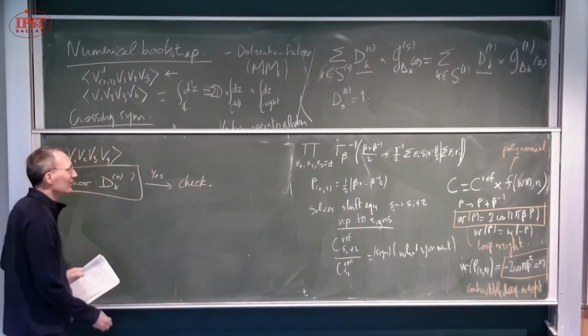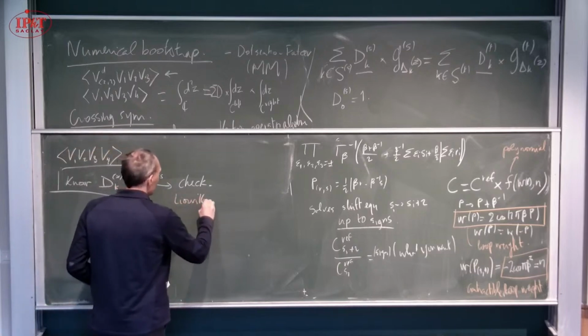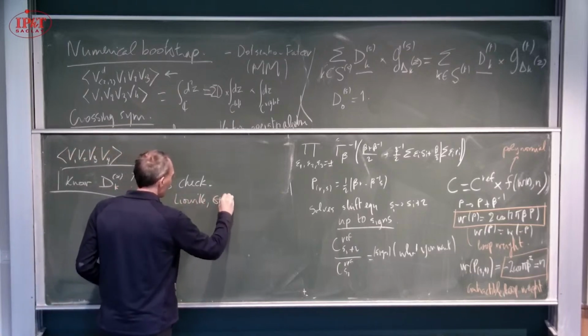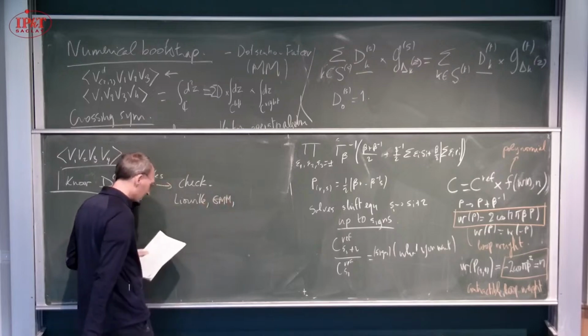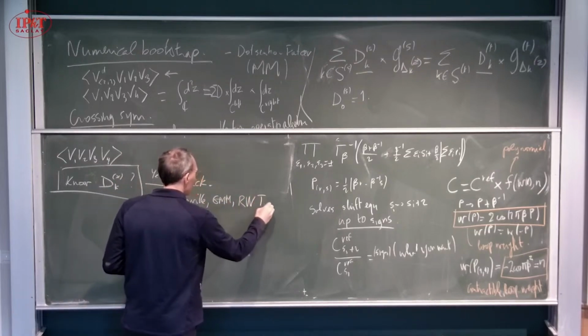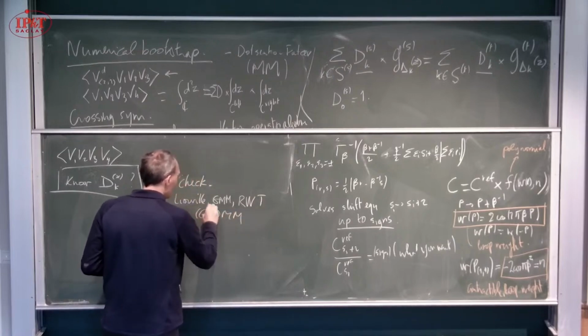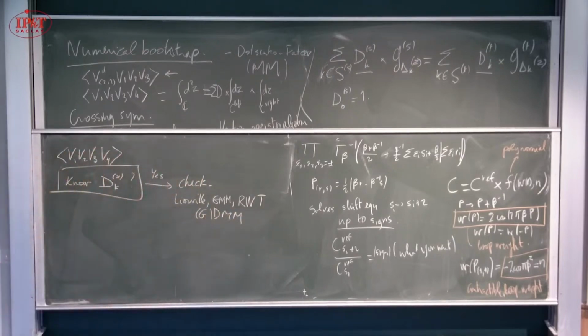This allows you to check crossing symmetry, for example, in Liouville, generalized minimal models, Runkel-Watts type CFTs, or D-series minimal models, or generalized D-series minimal models. In all of these, you can check crossing symmetry numerically.